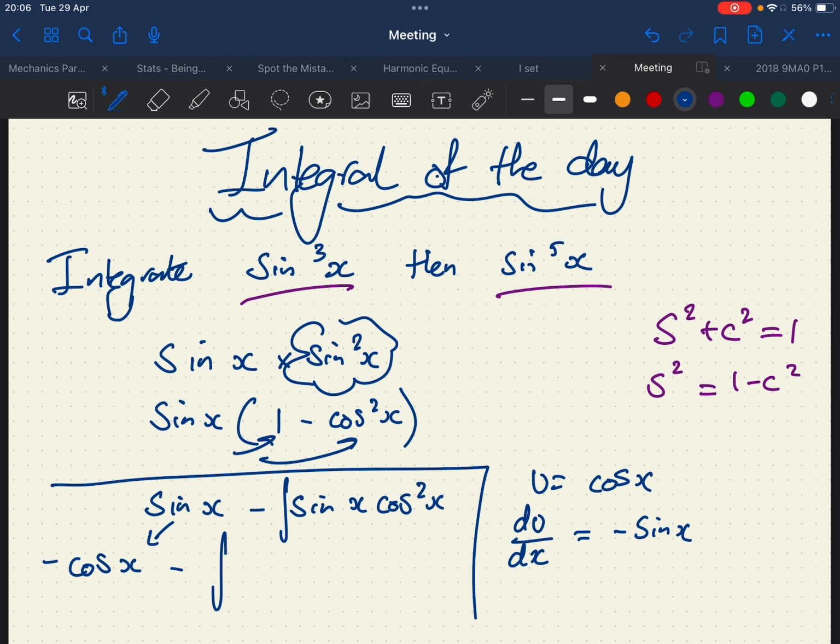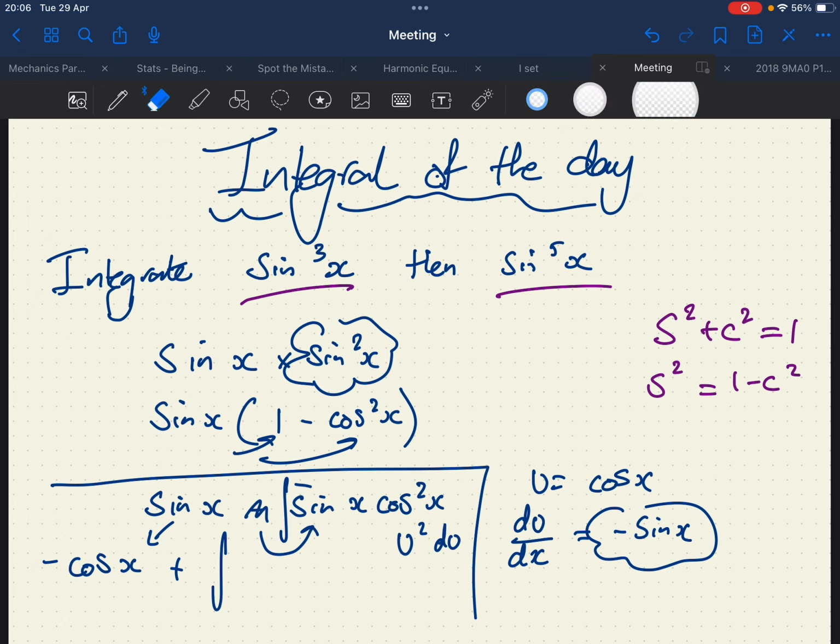For this integral, the harder bit here, it's going to turn into, say, u squared. And in fact, if I borrow that minus there and make that a plus, the minus sine x will be taken care of on here. So this will turn just into u squared du.